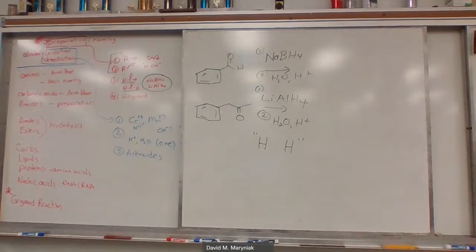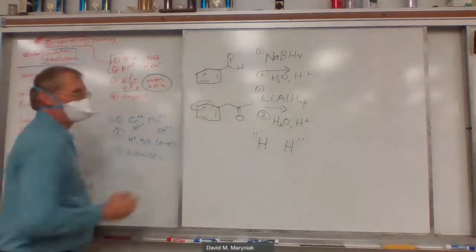In quotes there, 2 H's. And if I say we're going to add H's across the double bond, your question should be, which double bond? So are we going to add H's across that double bond?